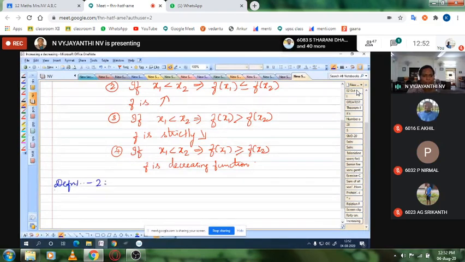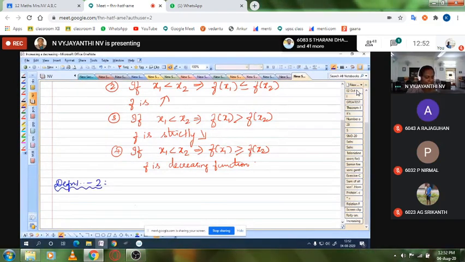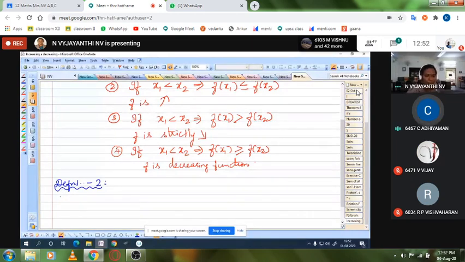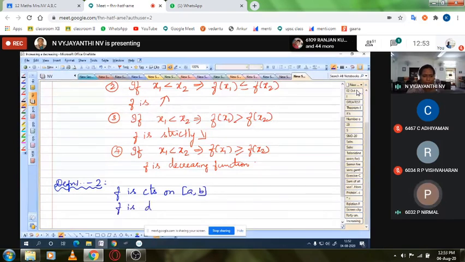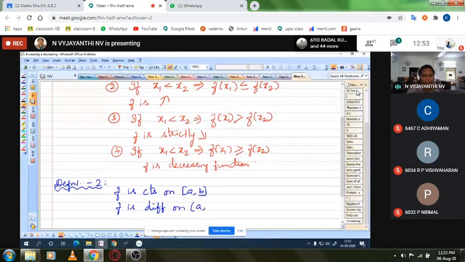Who can tell me about definition 2? f dash of x less than 0, decreasing function. Greater than 0, increasing function. Firstly, f is continuous on the closed interval a comma b. Then f is differentiable on the open interval a comma b.